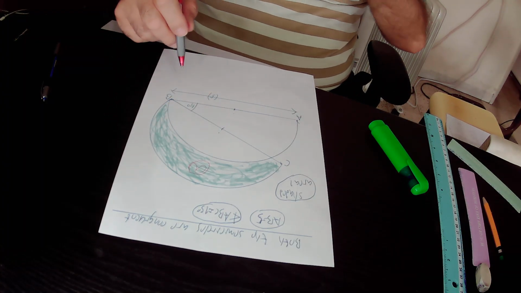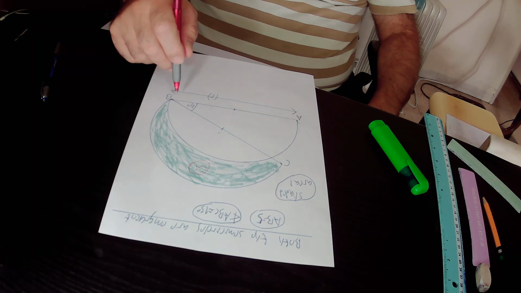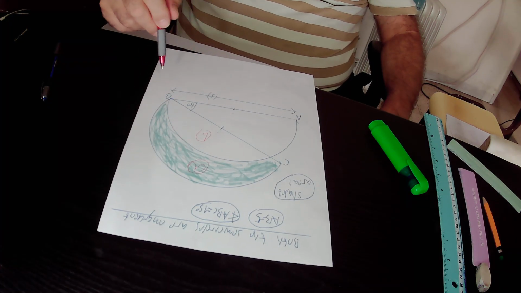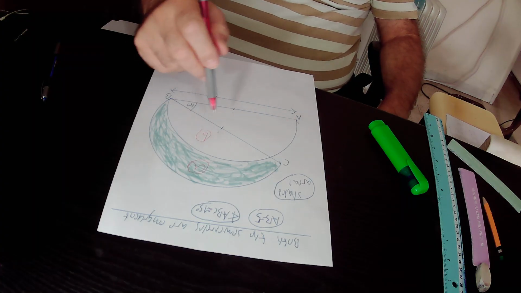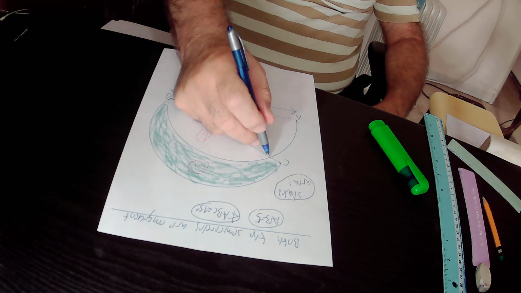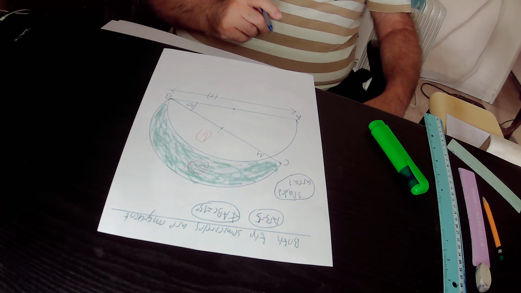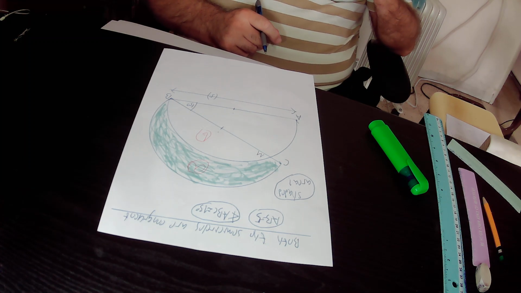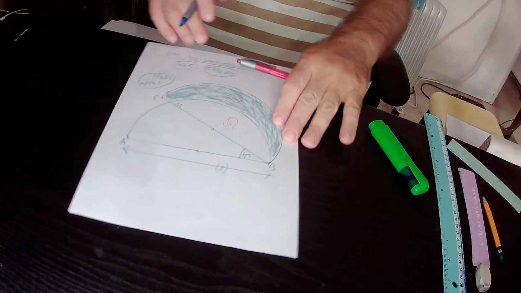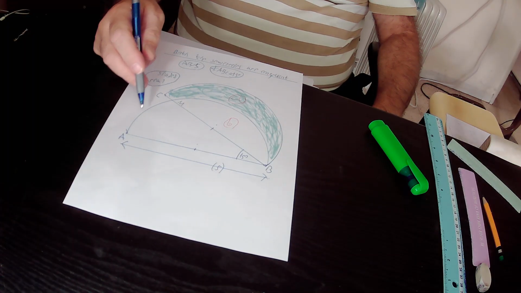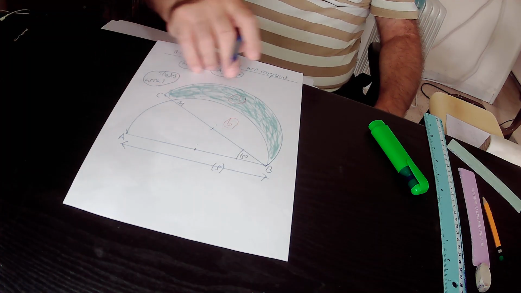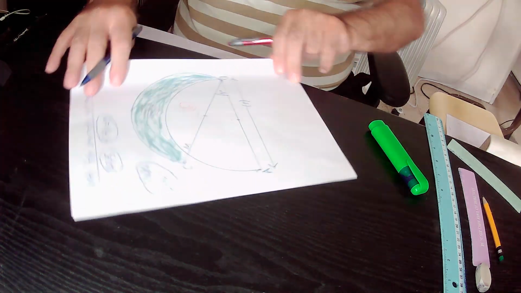Likewise, we define this small semicircle as B. We define the intersection point between BC and this semicircle as point M. And we define the size of this area AMB as C. That is to say, it is equal to C square units in size according to our definition.